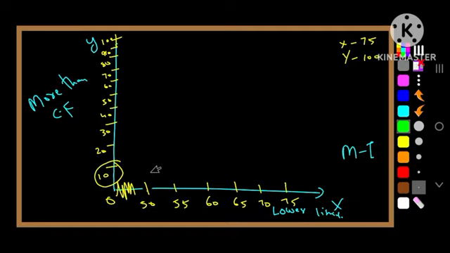The coordinates are: for 50 I am getting 100. So this will be 100. For 55 I am getting 98, so 98 will be somewhere here just below 100. For 60 I'll get 90, so I'm getting it here. And for 65, the answer is 78, so I'll take this. This is our point. For 70, this will be 54.